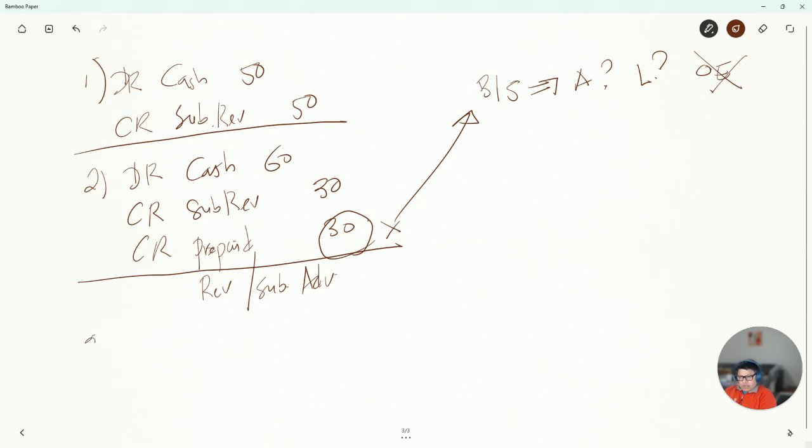So number 3 is 2 members didn't pay, but accrual accounting says that we already provided the service, so we have to recognize the revenue. So that means credit, we need to recognize as subscription revenue $20, and then debit has to be $20.